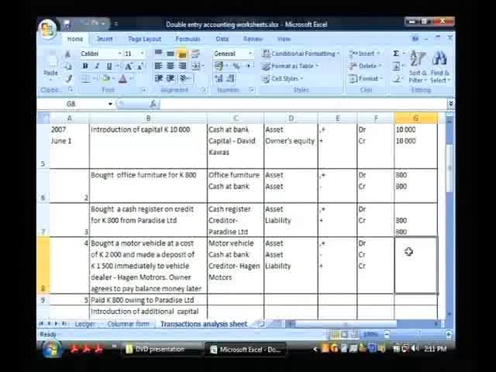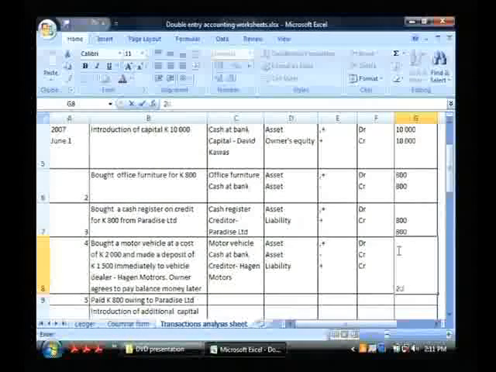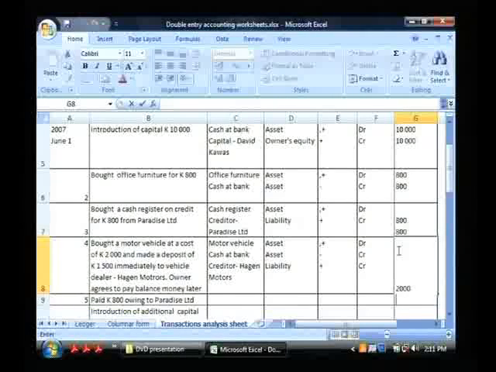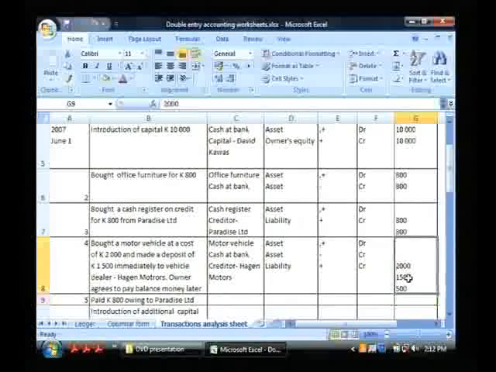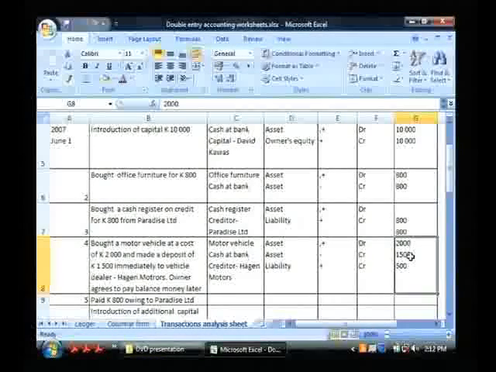Amount involved, now we will have to look at carefully. The motor vehicle we purchase is 2,000 kina, so motor vehicle increased by 2,000. Cash at bank we paid only 1,500, therefore decreased by 1,500, and amount payable is 500. So now debit amount 2,000, and there are 2 credit amounts 1,500 and 500, then debit total equals credit total.